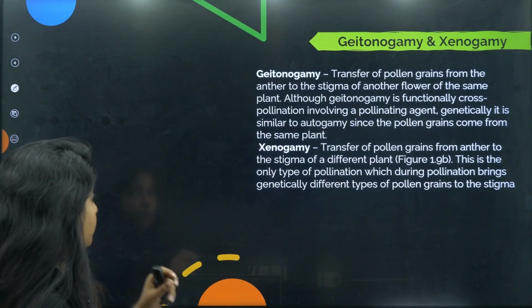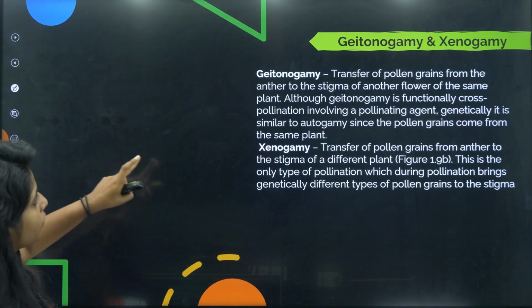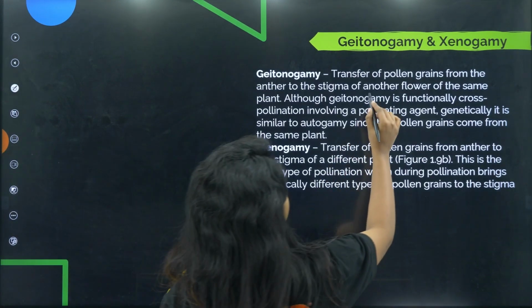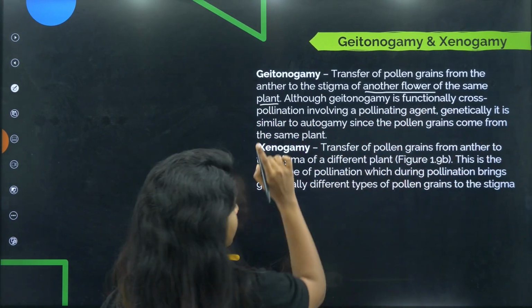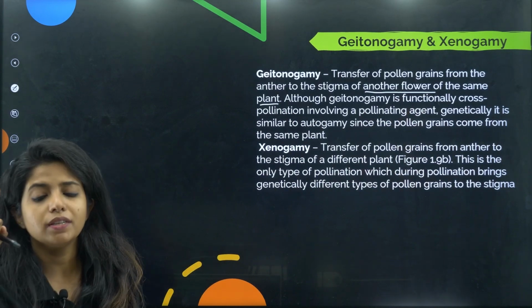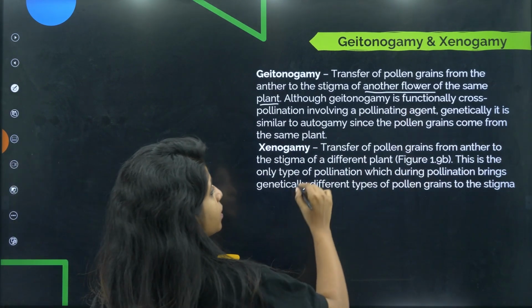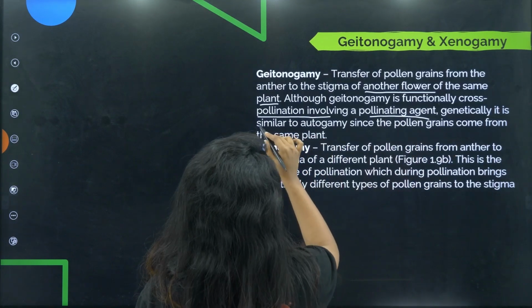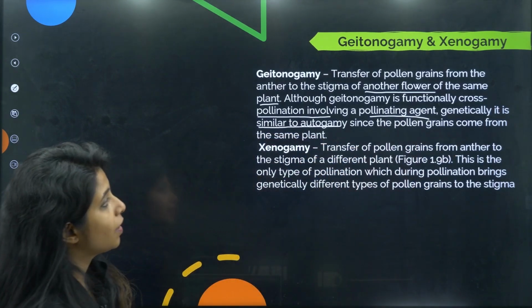Let us see what is geitonogamy. We have already learned about it, but we have to read also. Transfer of pollen grains from the anther to the stigma of another flower of the same plant. I told you there will be another flower, but of the same plant. Although geitonogamy is functionally cross pollination involving a pollinating agent, genetically it is similar to autogamy since the pollen grains come from the same plant.